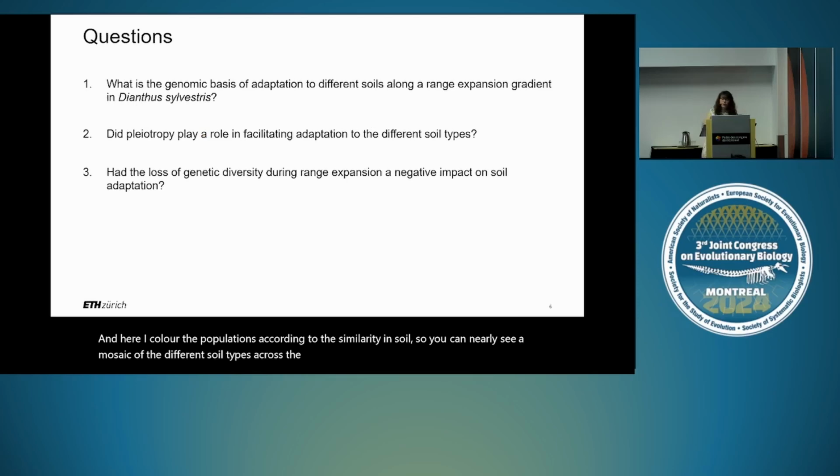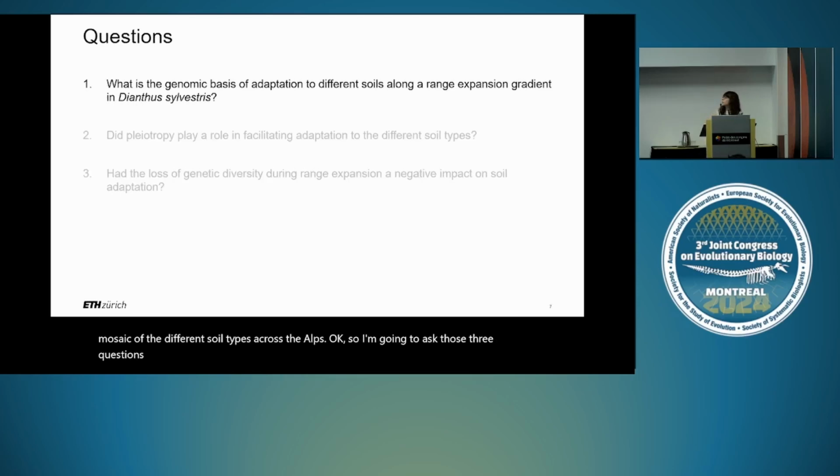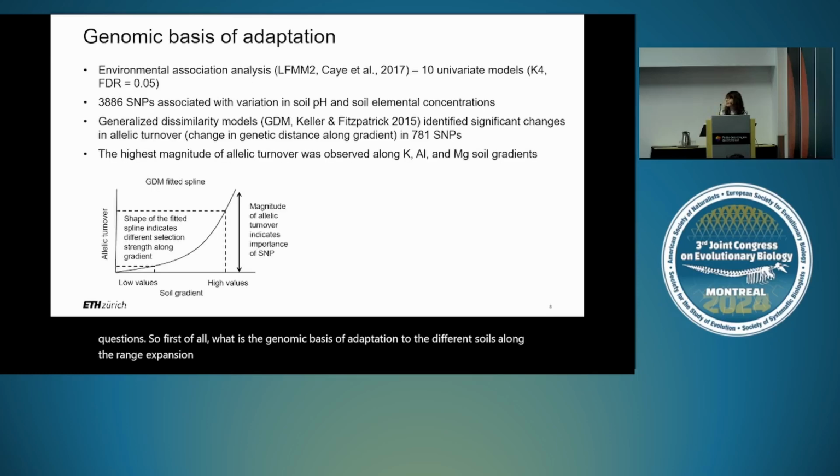Okay, so I'm going to ask those three questions. First of all, what is the genomic basis of adaptation to the different soils along the range expansion gradient in Dianthus sylvestris? To explore the genomic basis of adaptation, we applied two approaches: environmental association analysis, LFMM, and then generalized dissimilarity modeling.